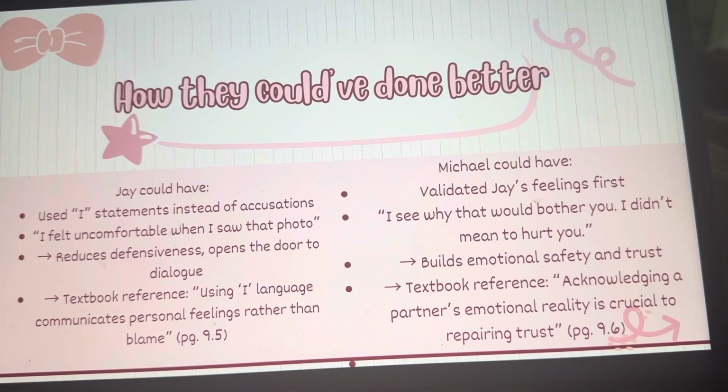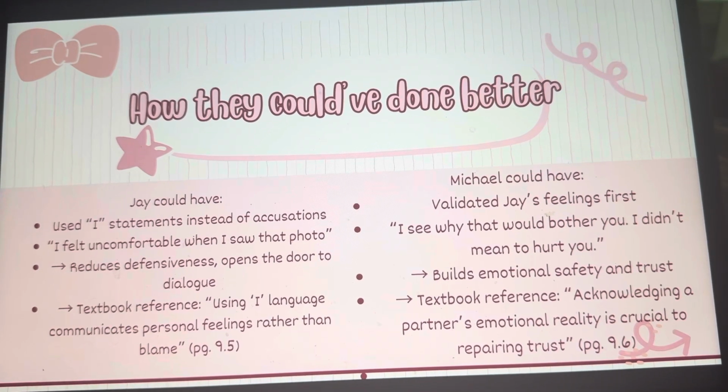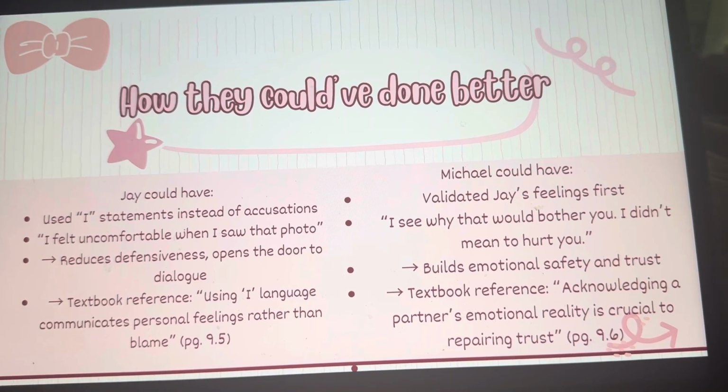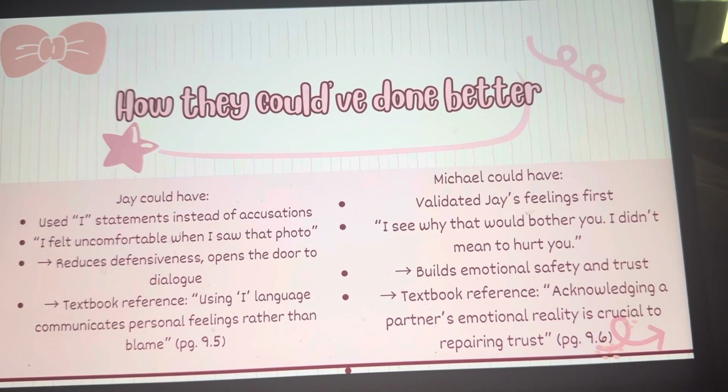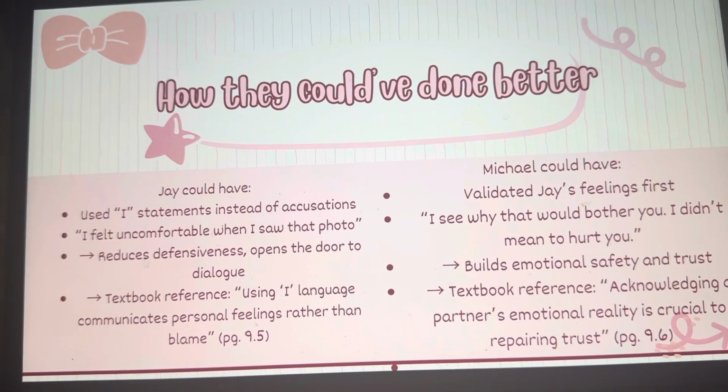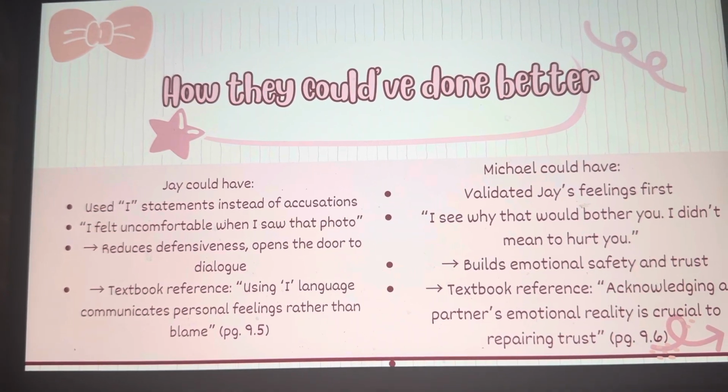And the textbook references that acknowledging a partner's emotional reality is crucial to repairing trust, because, like I said, he was very dismissive towards her.